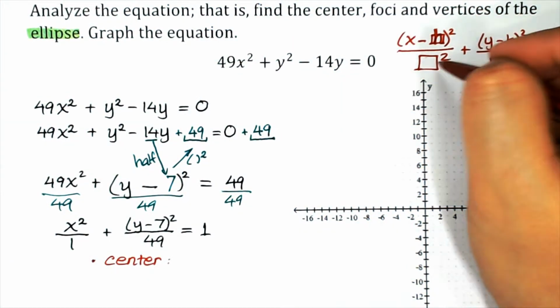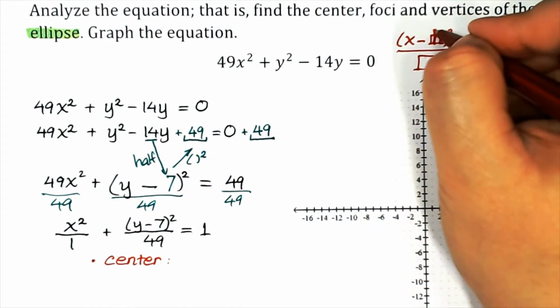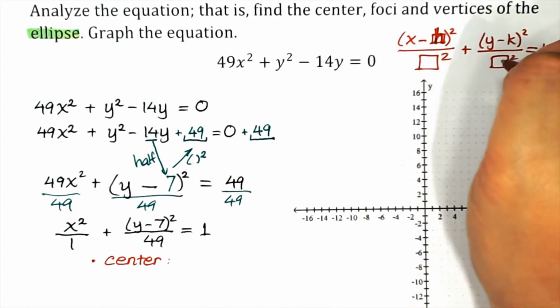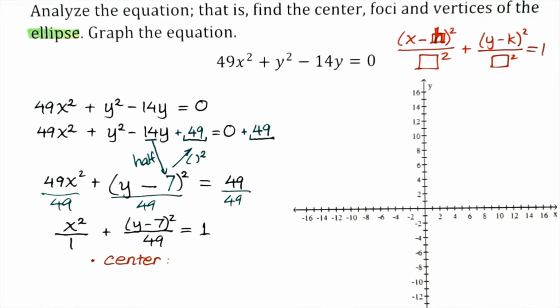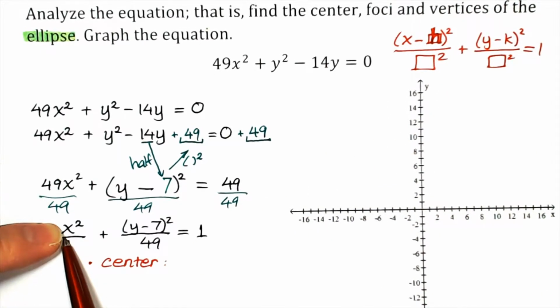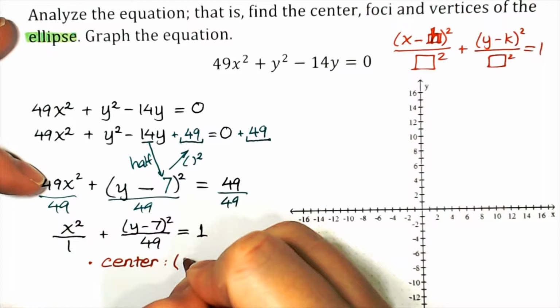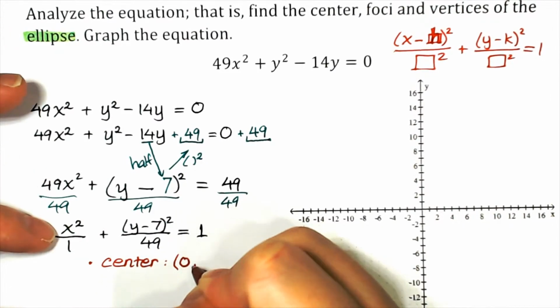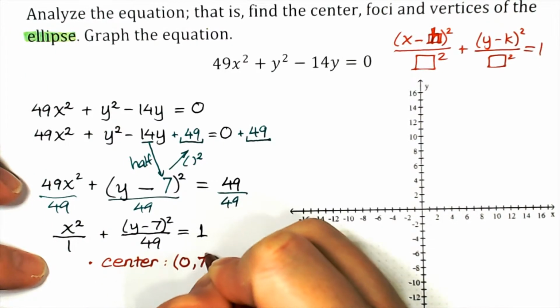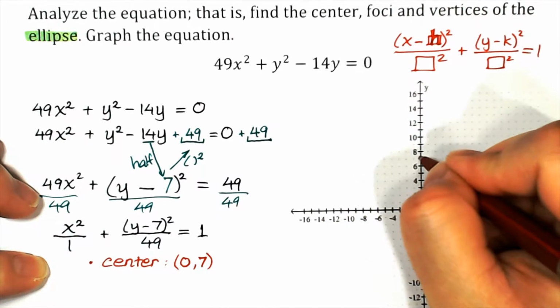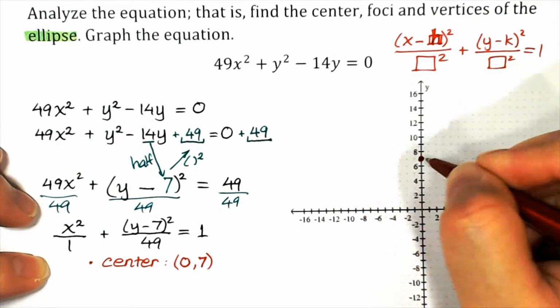I'm not writing a or b here because that might involve the vertex. Whatever the biggest number is will give us the vertex. But from here we see that h is equal to 0 and k is equal to 7. So the center will be 0 for x and 7 for y. So we have a center right here.